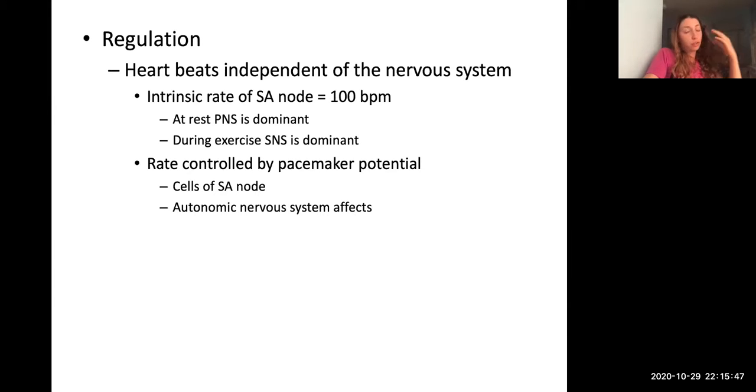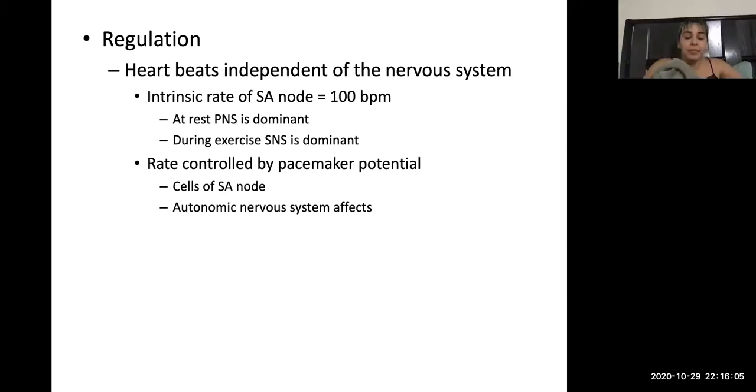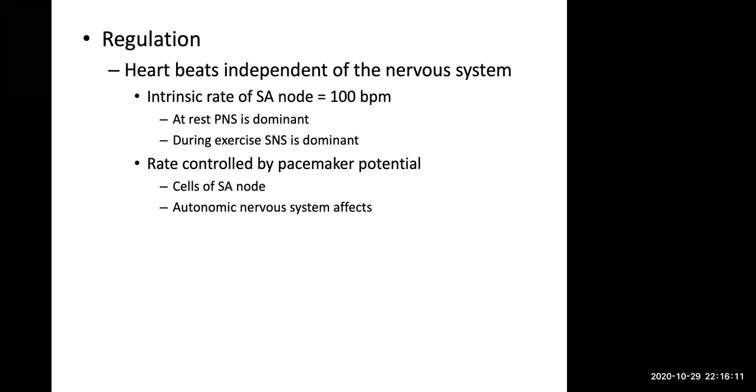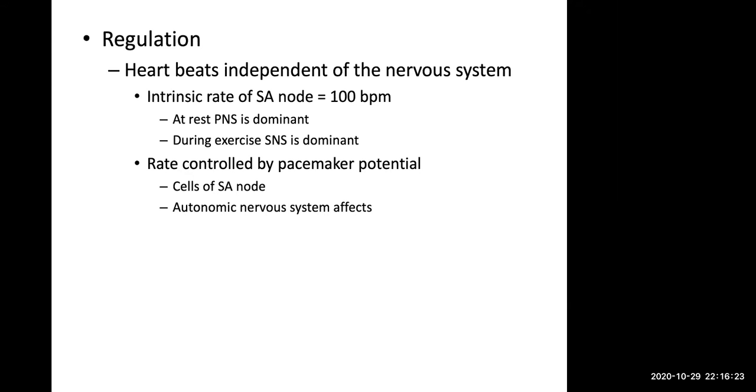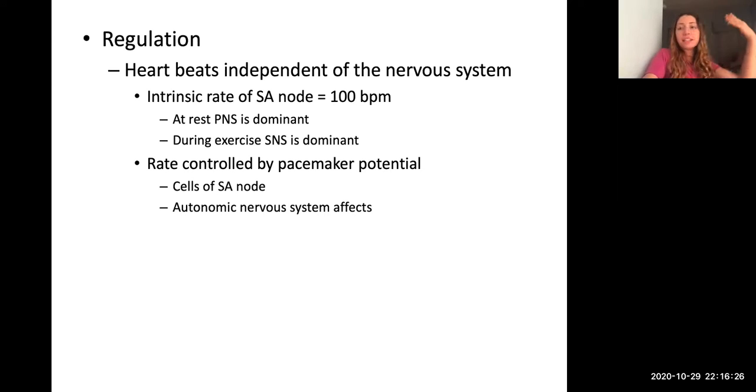We talked about this before: norepinephrine and epinephrine make the heart beat faster, and acetylcholine makes it beat slower. The rate is controlled by the pacemaker potential in the cells of the SA node, which are called the nodal cells, and the autonomic nervous system will affect phase 4, depolarizing it either faster or slower to get it to threshold.